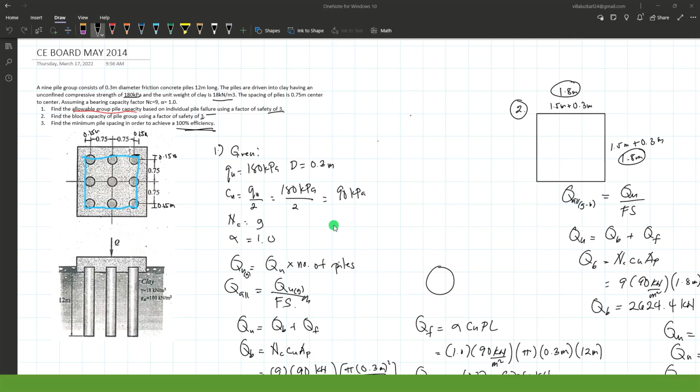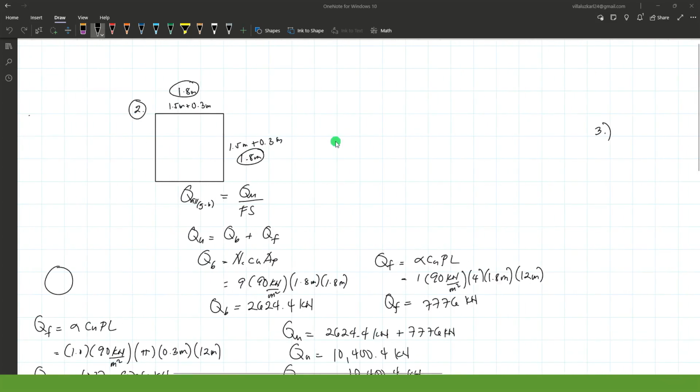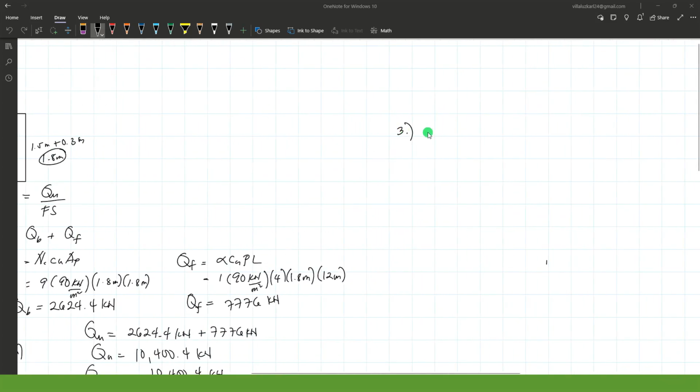Number 3, find the minimum pile spacing in order to achieve 100% efficiency. So we are required to determine the spacing given that we have an efficiency of 100%.